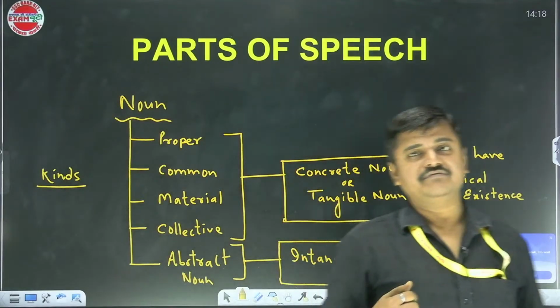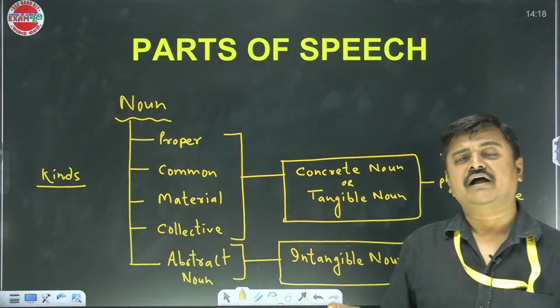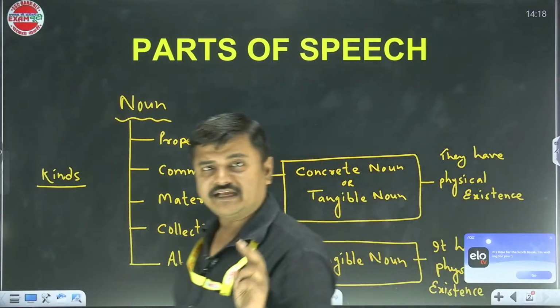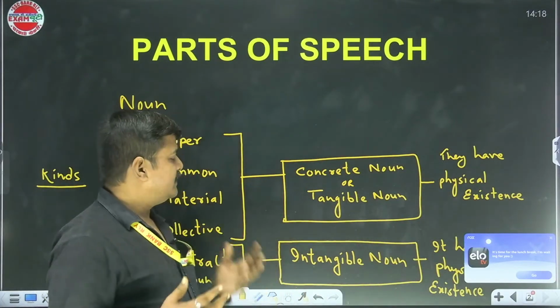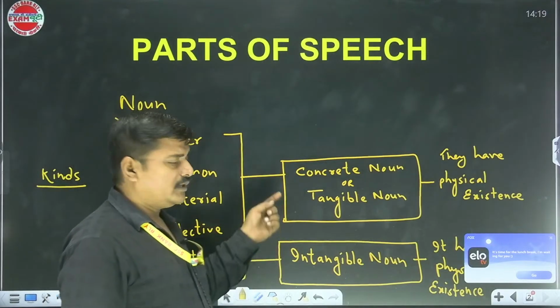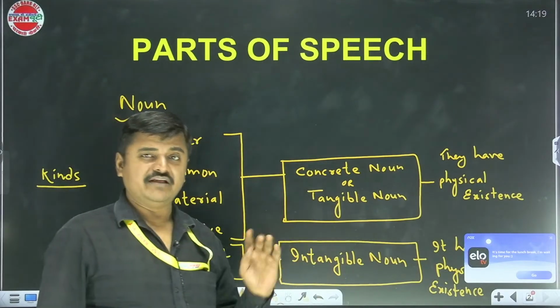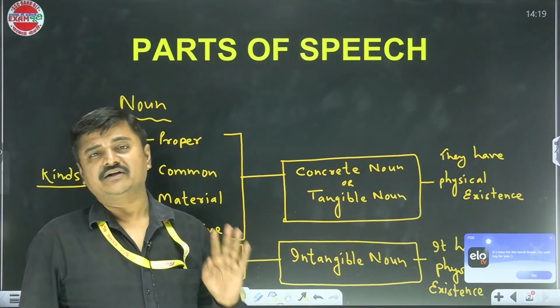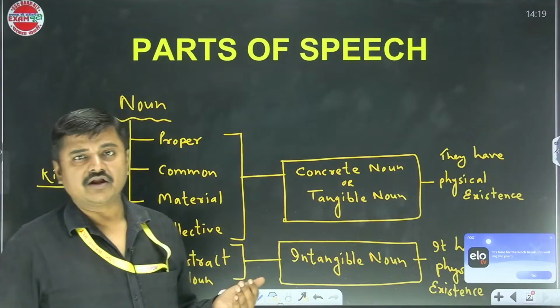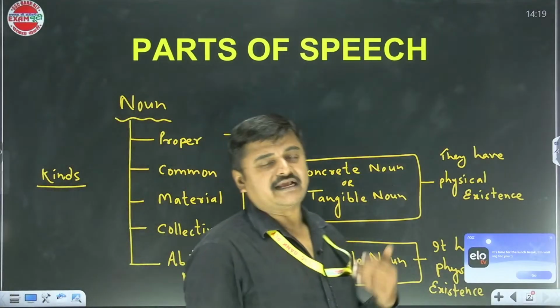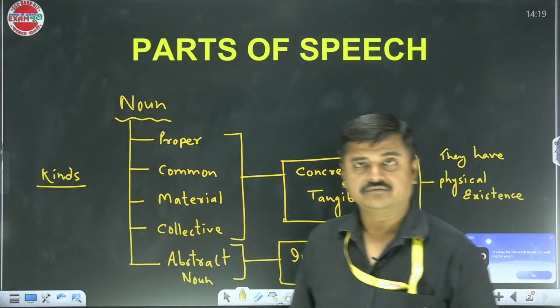Now I believe you have a clear picture why there are only two types of things. And that's why, in a wide sense, we see that there are two kinds of nouns available to us, and those two very wide categories are concrete noun and abstract noun, tangible noun or intangible noun.